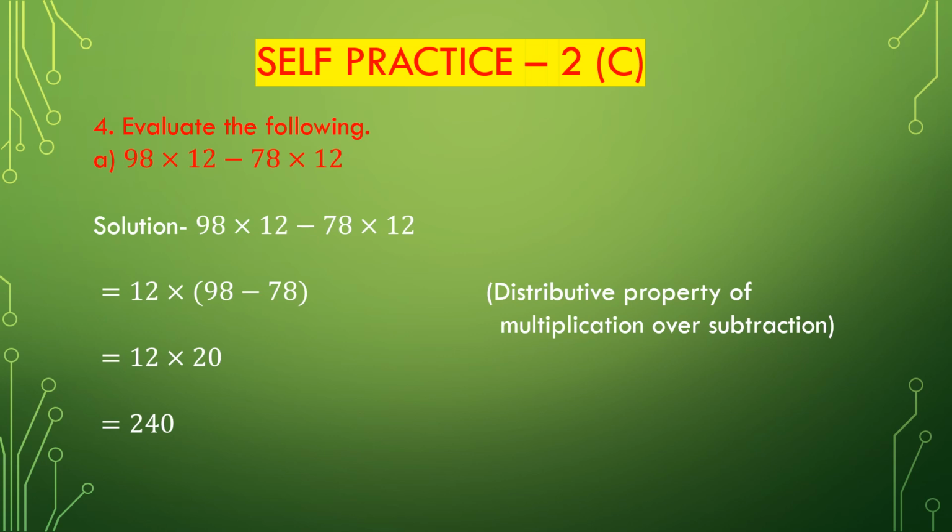Now we solve question number 4. Question number 4 is evaluate the following. First part is 98 multiplied with 12 minus 78 multiplied with 12. Here 12 is common, so 12 multiplied with (98 minus 78).